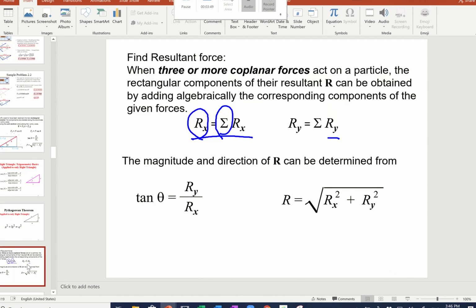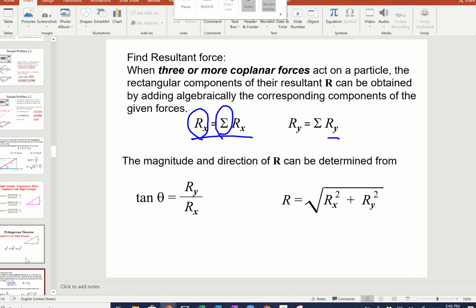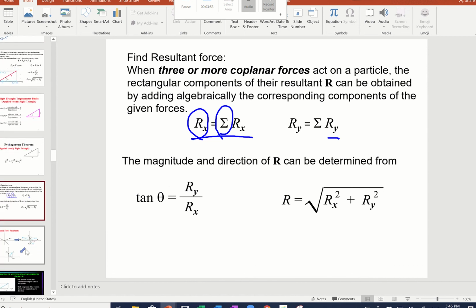All right, now knowing that, we're going to look at finding the resultant force using the decomposing method. We already know how to decompose. Now let's think about it. If a problem has three or more forces on a particle, how do we solve it? We decompose.